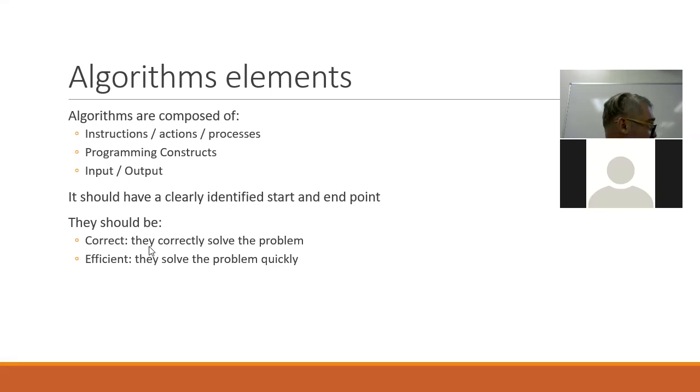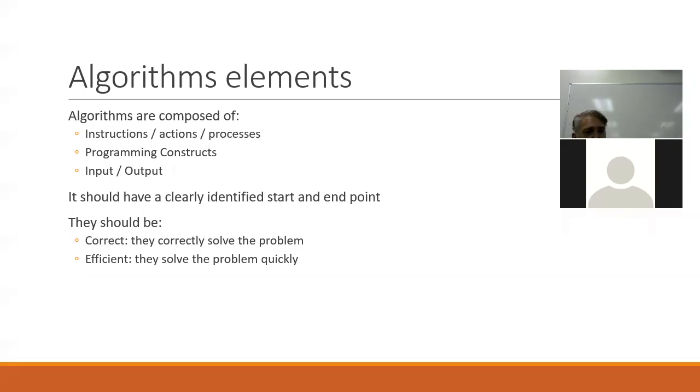So what do algorithms contain? They contain instructions, actions, processes, programming constructs. Programming constructs can include decision points and operations. Would I say they can include data stores? That's really when you're getting into data flow diagrams.